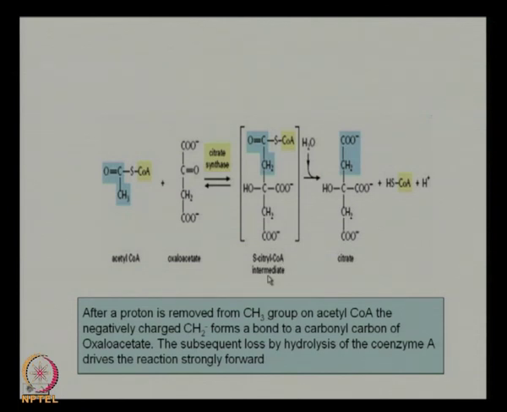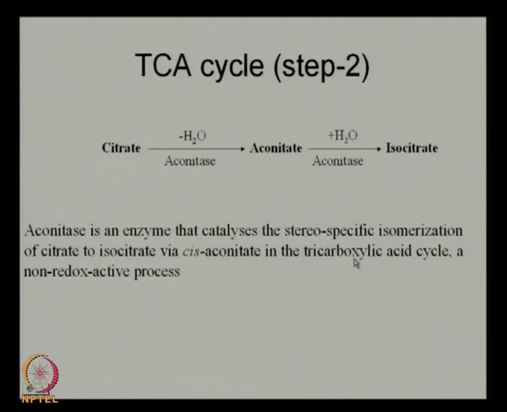After a proton is removed from the CH3 group of acetyl-CoA, the negatively charged CH2 forms a bond to the carbonyl carbon of the oxaloacetate, and the subsequent loss by hydrolysis of the coenzyme A drives the reaction forward, resulting in the formation of citrate. And this is the first step of the citric acid cycle.